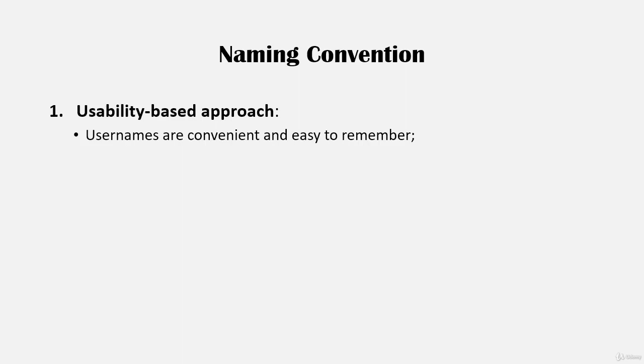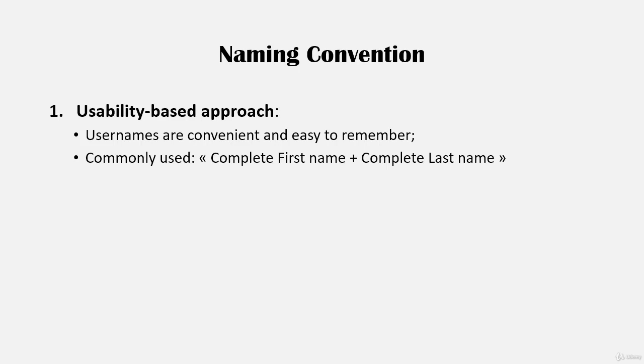Okay, now let's go back to the naming convention. There are mainly two approaches you can adopt, depending on your organization policy and priority. The first one is usability based. When applying this approach, you define a username that is convenient to your users and easy for them to remember. The most commonly used is complete first name plus last name.